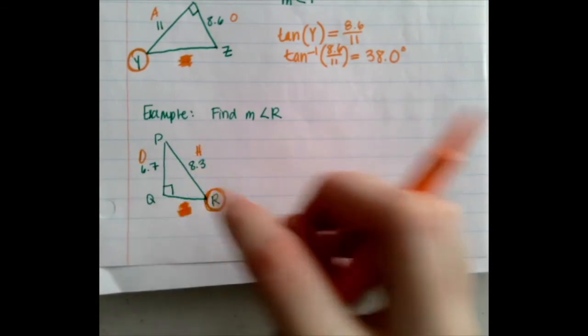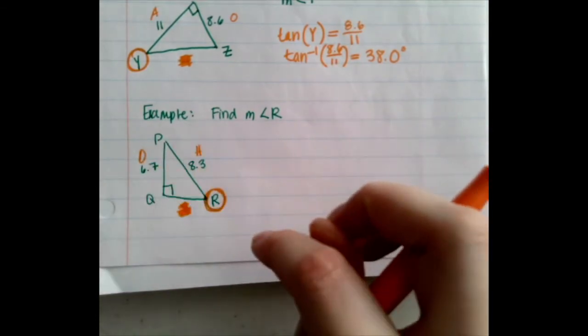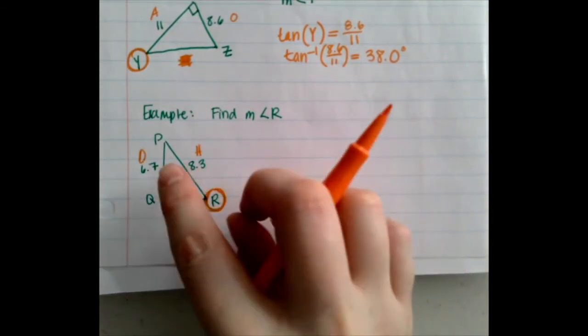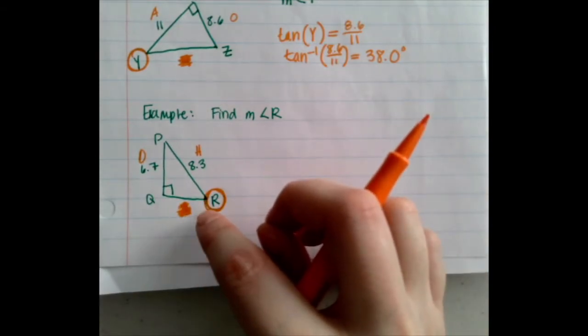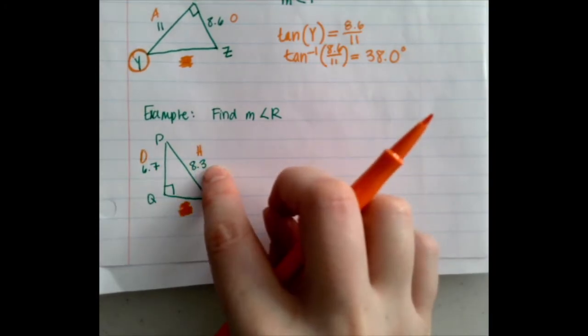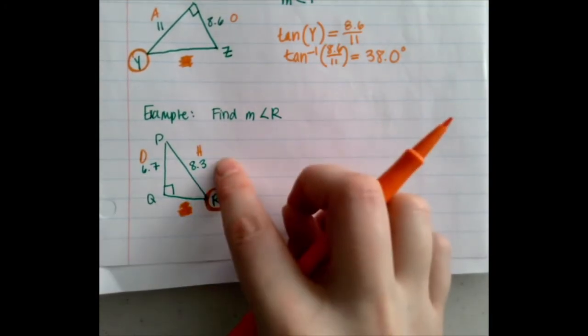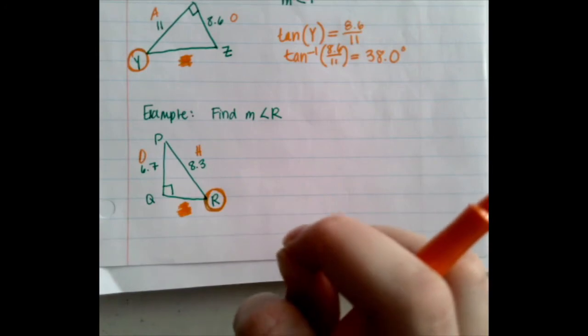If you have all three numbers, you just leave all these up there, and you're just going to have choices of which ratio you pick. So if I have all three, I can pick the opposite and the hypotenuse, or I can pick the adjacent and the hypotenuse, whichever one you want.